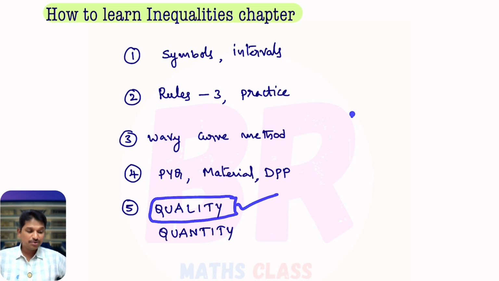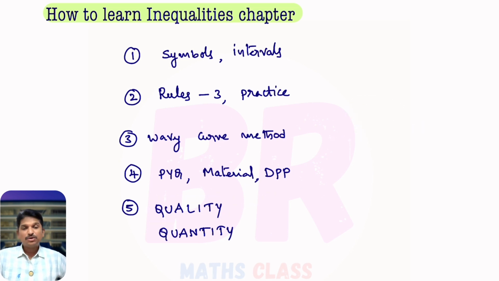From the inequalities chapter, if I did 200 questions but didn't learn anything, no use. Quality. While solving a problem, if you didn't get the answer, consider that there is an opportunity to learn from that question. Why didn't I get the answer? What point did I miss? Right? Quality is important, not quantity.